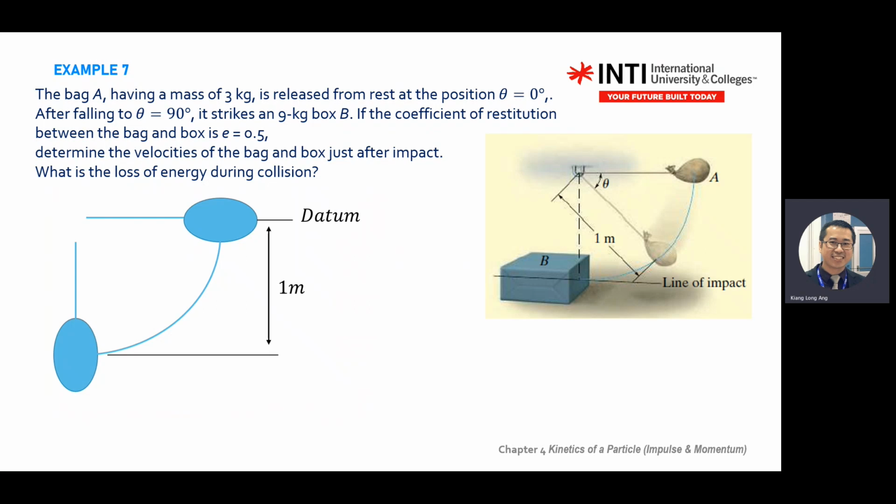In this case, my datum is above. The height is 1 meter because the radius of the rope is 1 meter. You need to recall how to calculate the acceleration.